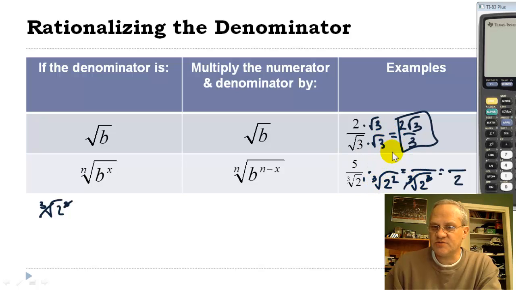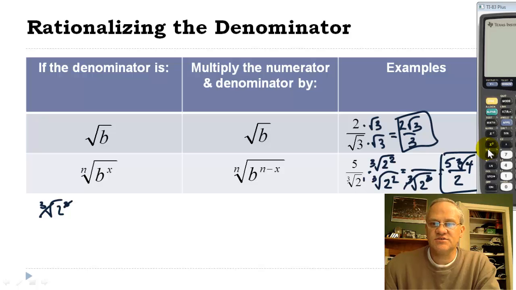Just like before, to keep this legal, I have to, on the top, multiply this by the same thing, the cubed root of 2 squared. And what's 2 squared? 2 squared is 4. So basically what I've got here left, I'm just going to skip the middle thing here, is 5 times the cubed root of 4 would be my answer on that one.